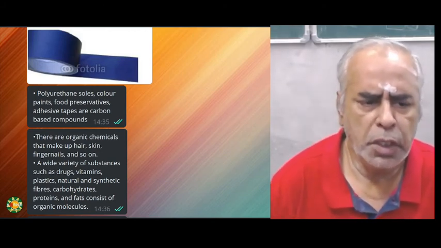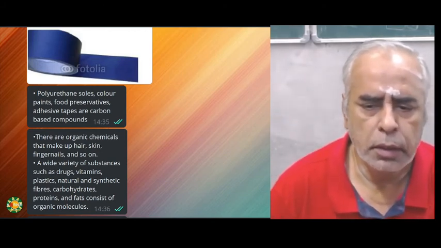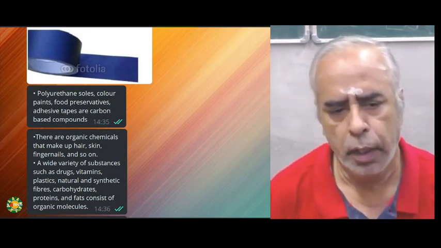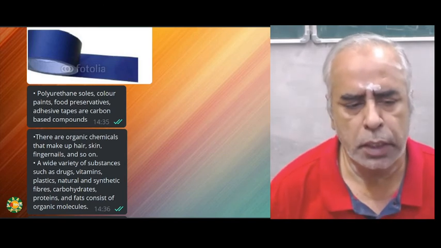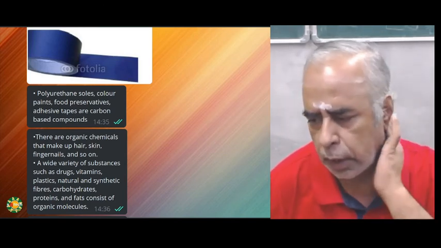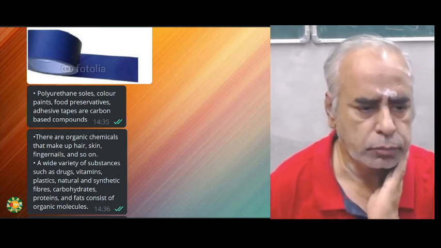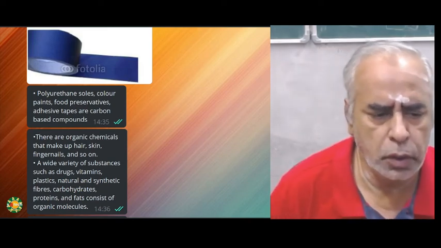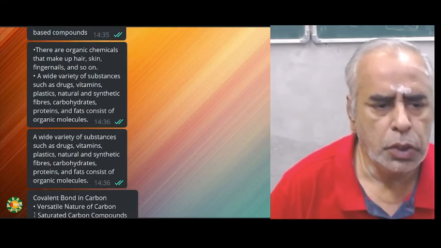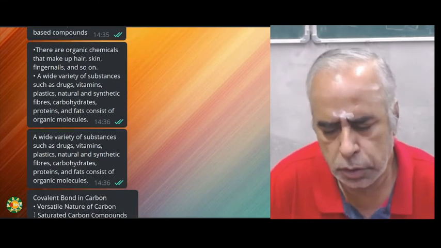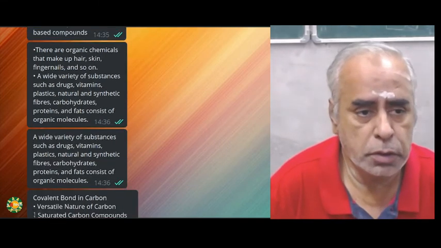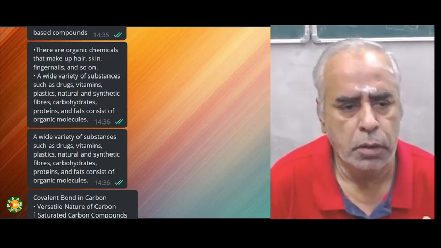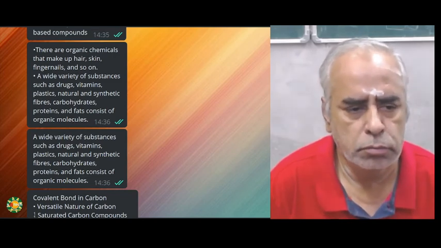There are many organic chemicals that are useful in hair, skin, and fingernail beautification, etc. You take nail polish, it is basically an organic substance. So a wide variety of substances such as drugs, vitamins, plastics, let it be natural or synthetic.